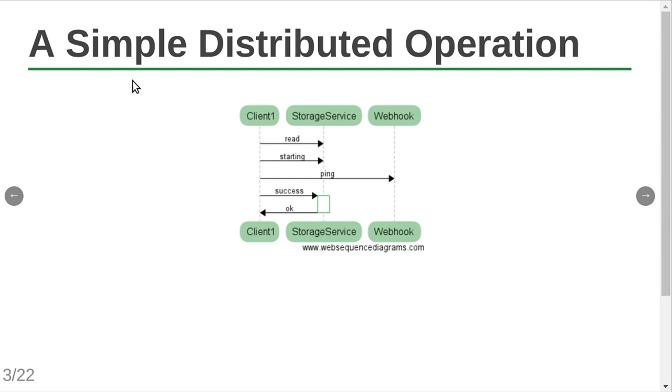And what I'm going to do is ping a webhook. So I go off and do that. And then I send to the storage service, success, I did it, it's fine. And the storage service says, okay, I understand. So that's a simple use case that happens to involve a couple of reads, a write, and an HTTP call.